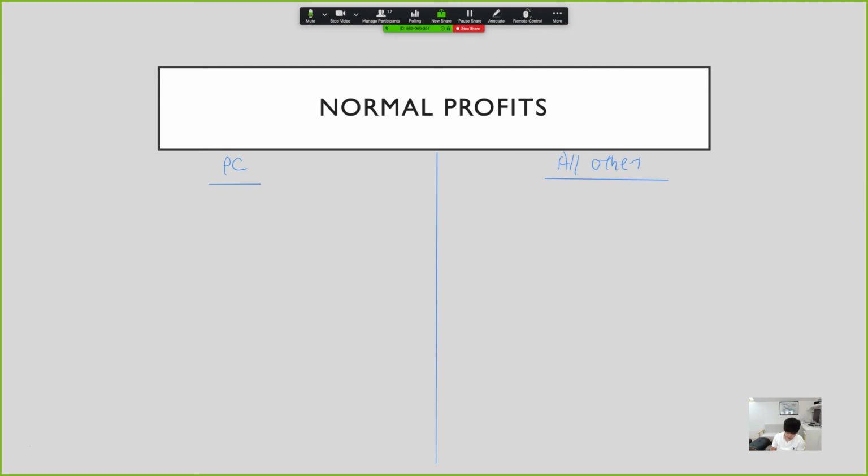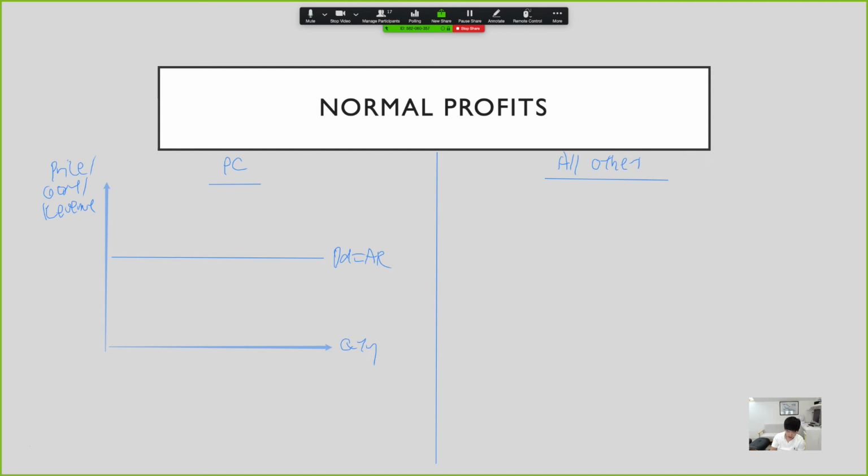The PC one is very easy to draw. You're basically combining all of the diagrams just now together. So let's go and do this. This is quantity, this is price, this is cost, this is revenue. Your PC curve has a straight line that serves as your demand and also your AR.